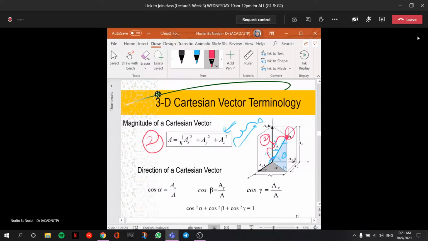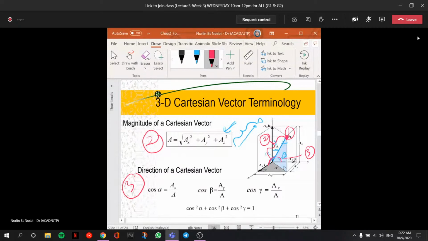Number three, you need to find the angle or the direction where the vector is. So these are the three main points you all should know, and of course the formulas as well.